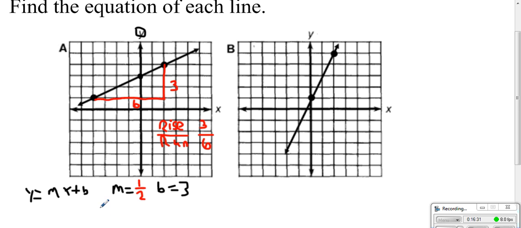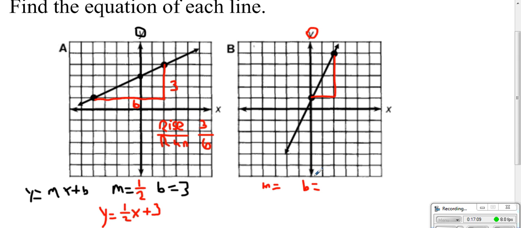Now you're ready to go. The equation of this line is y equals mx, the m is a half, plus b. The b, the y-intercept, is 3. That's the equation of that line. I know I have to actually figure out slope. Right? I'm not going to write the y equals mx plus b again, but I am going to write m and b. This crosses right here. Here's the y-intercept.